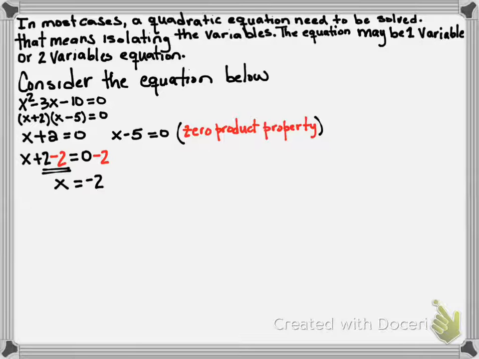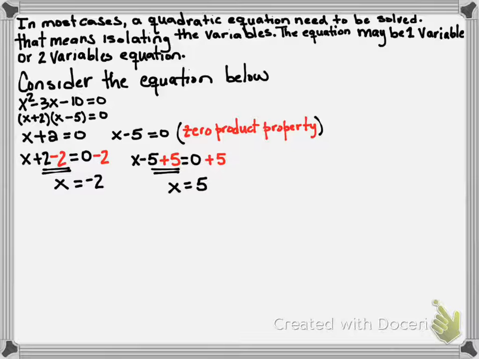Now, ladies and gentlemen, on the first one, we apply the additive inverse of positive 2. That's a negative 2 to both sides of the equation, so x equals negative 2. Similarly, we do the same thing for x minus 5 equals 0. So we do the additive inverse of negative 5. That is a positive 5 on both sides of the equation, and x equals 5. These two, x equals negative 2 and x equals 5, are what we call solutions.